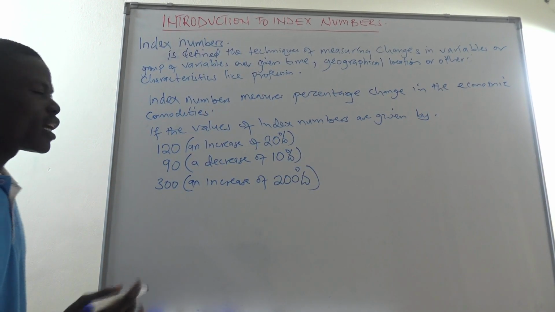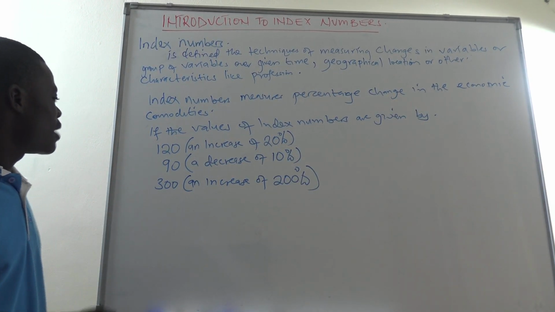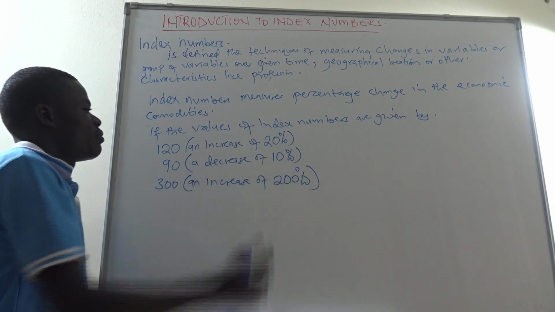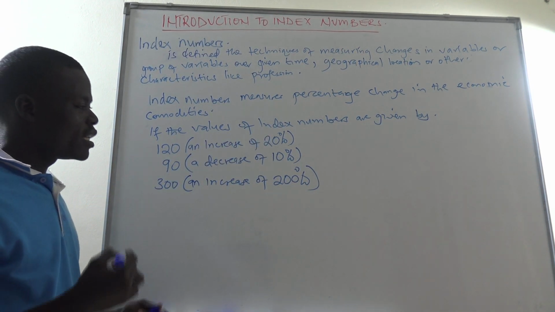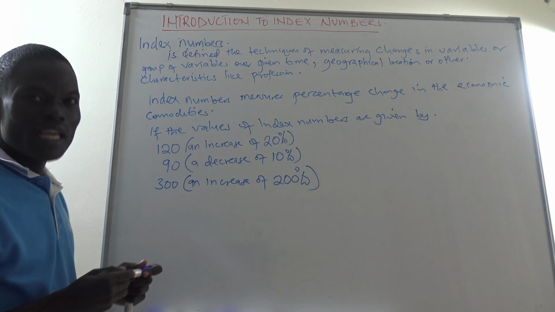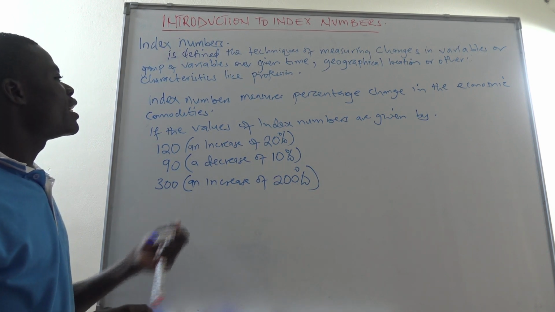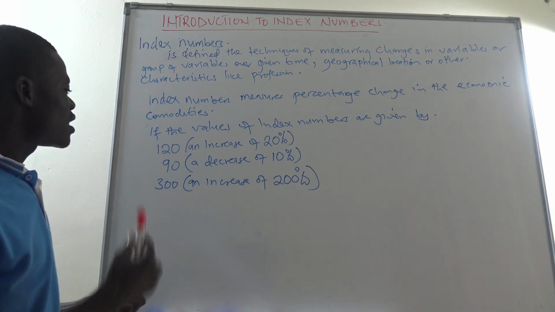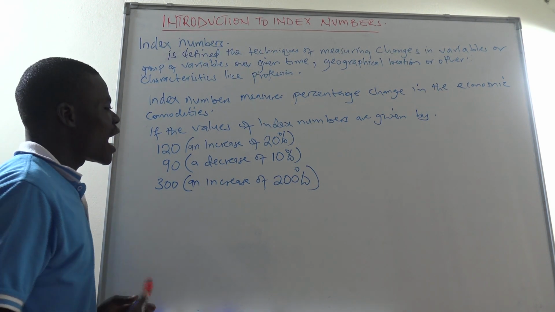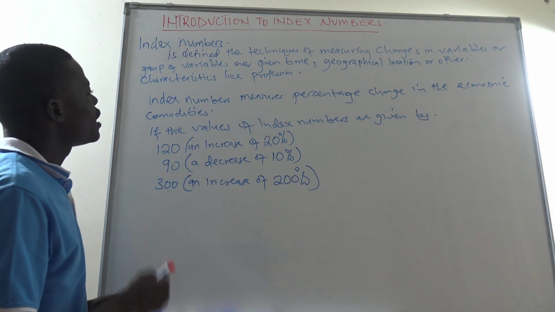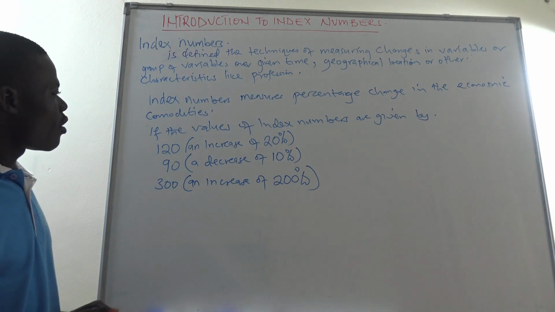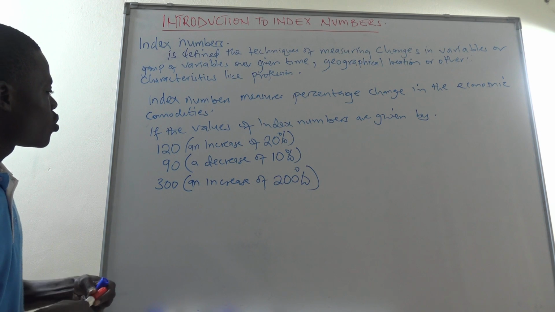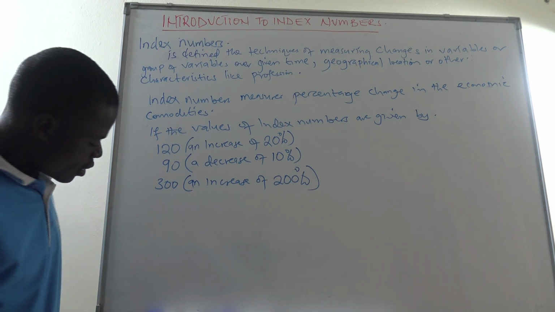So what do you take out of these statements? 120 is increased by 20%, 90 decreased by 10%, 300 is increased by 200%. This indicates that index number is measured over 100%. So its value gives you over 100. So if you finish that, we shall go to the next value.